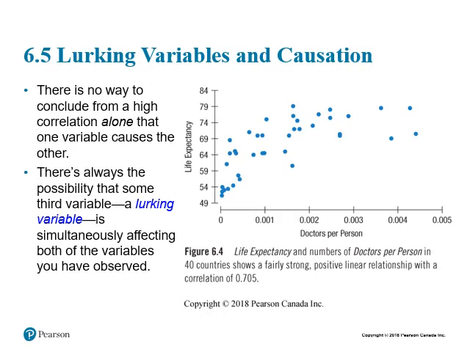The last part today in these slides is very clear: to differentiate between what we call correlation and causation. There is no way to conclude from high correlation alone that one variable causes the other. You cannot really say that a variable affects the other variable because the correlation is high.